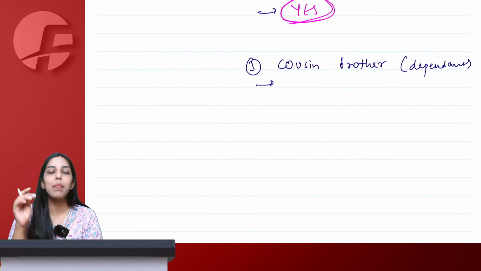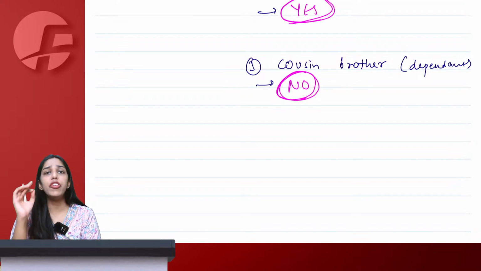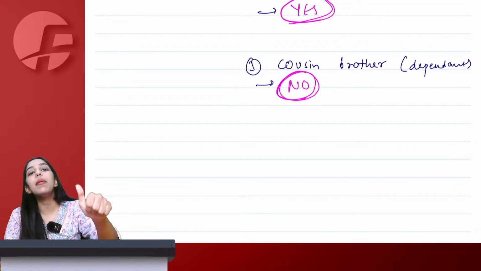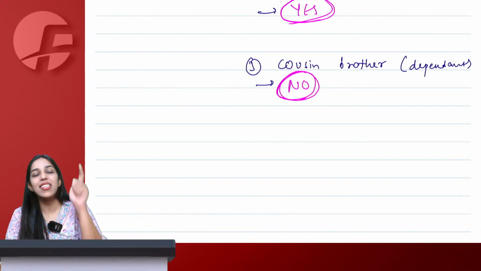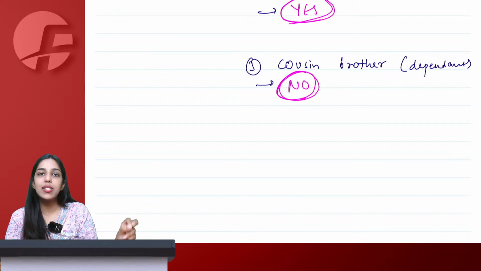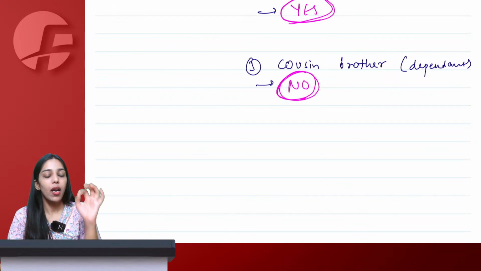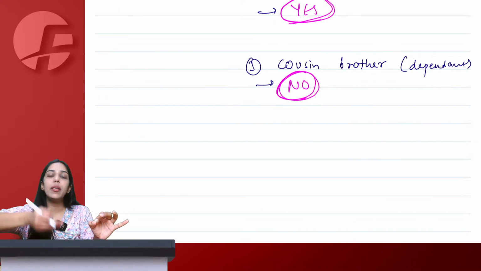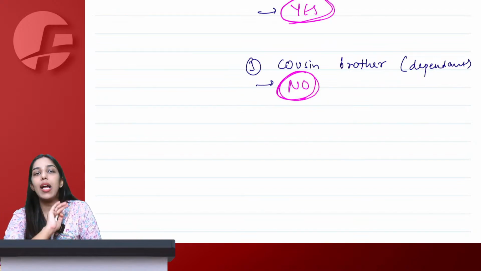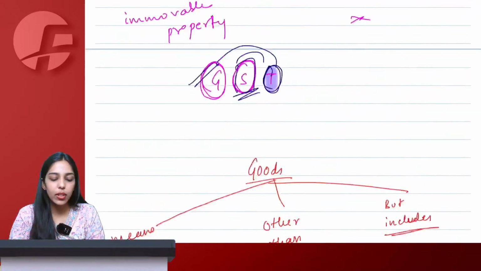Again, the answer is no. We only consider real parents, real grandparents, real brother and real sister here. So even if my cousin brother, or let's say my aunt, my uncle, my masi, bhua, whatever you call them, even if they are completely dependent on me, I will never consider them as related persons.